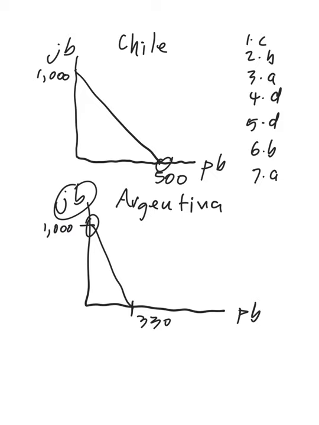And that's where we will stop doing this review of the Chile and Argentina scenario. I think you have the basic idea here that you need to convert the information you're given to diagrams like what you see here, and you look at the slopes and the intercepts of the two production possibility frontiers, and that's how you figure out the answers to questions about this sort of scenario.